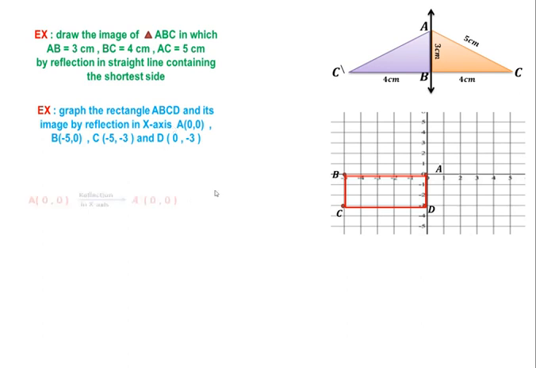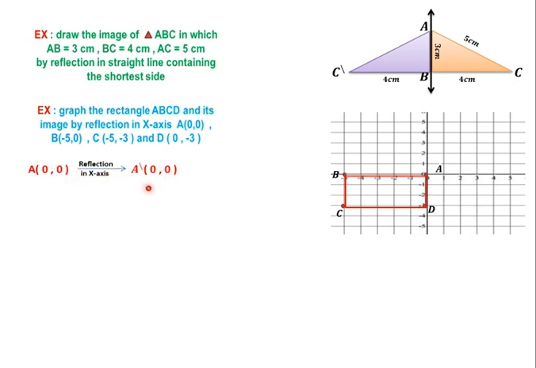At first, the point 0, 0 reflected in the X axis changes at Y. 0 doesn't have an inverse, so 0 stays 0, and the image of A will be A dash 0, 0.